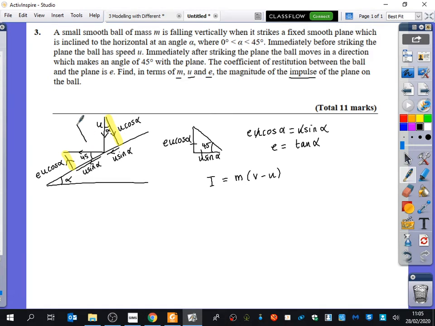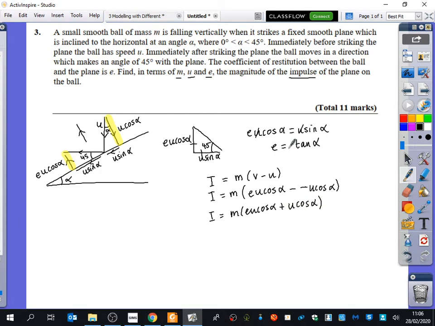So we're talking about impulses going in this direction, so that's our positive direction. So the impulse is m, well, v is e u cos alpha, and minus u cos alpha. So we get that the impulse is m(e u cos alpha plus u cos alpha).